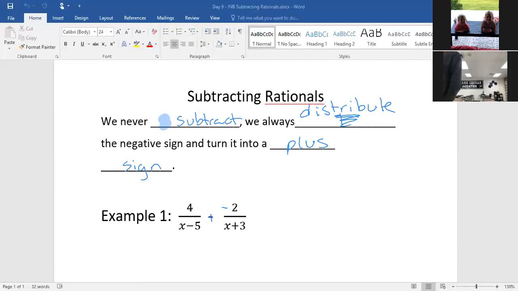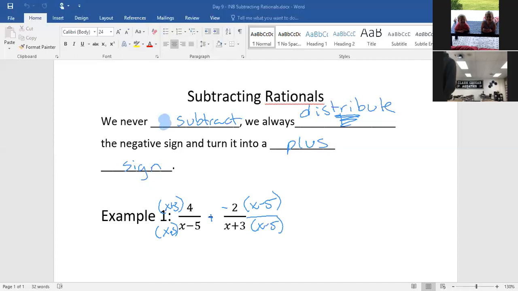So x minus 5 and x plus 3 don't have anything in common, so all I'm going to do is multiply both of those by each other. Remember, we have to do the top and the bottom, because that is x plus 3 over x plus 3, which is 1, and multiplying by 1 doesn't change the value. This would be x minus 5 over x minus 5.